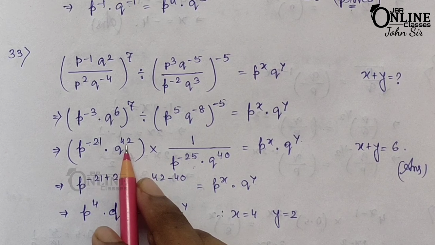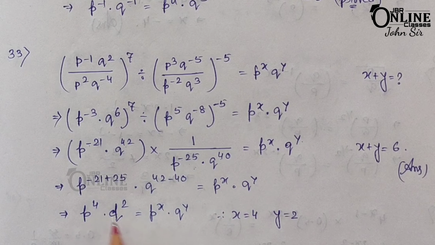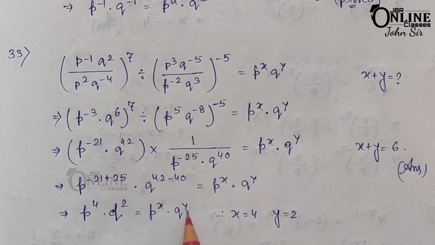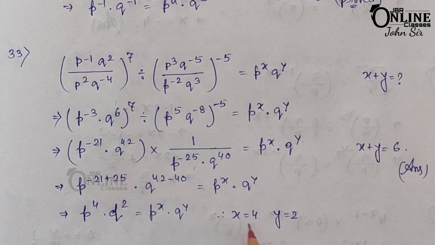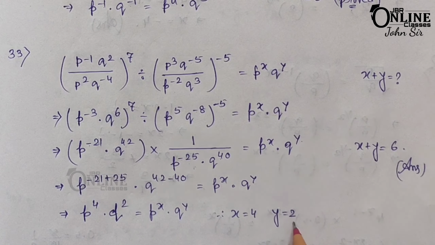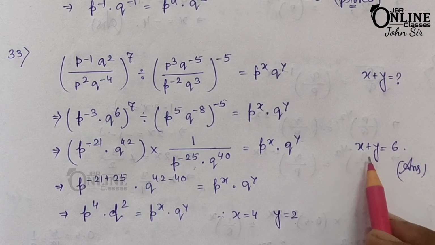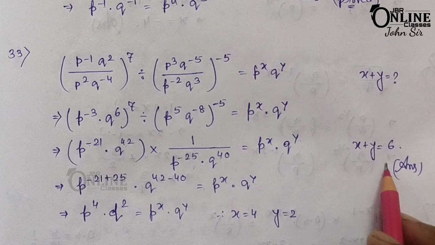Again q to the power 42 minus 40. Okay, so the final here p to the power 4 and q square. So here p to the power x, q to the power y. By comparing both sides, x equal to 4 and y equal to 2. So now you have to find out the value of x plus y. So 4 plus 2, it becomes 6.